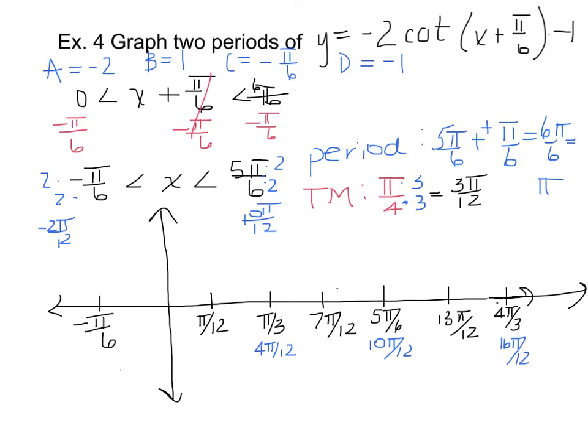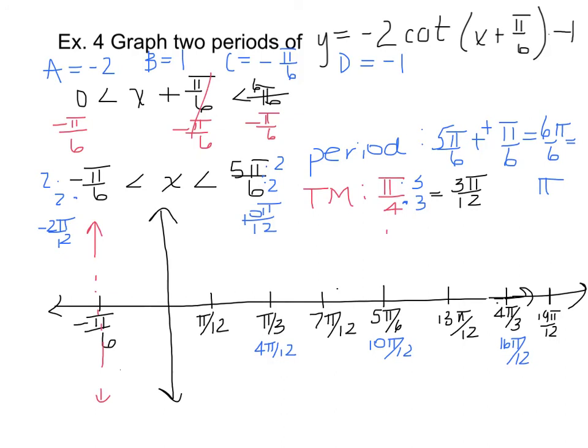And then you got to make sure now you have 1, 2. We can't count 0. 1, 2, 3, 4, 5, 6, 7. We need 1 more. Actually, 2 more. 19 pi over 12. Because see, we got an asymptote here.